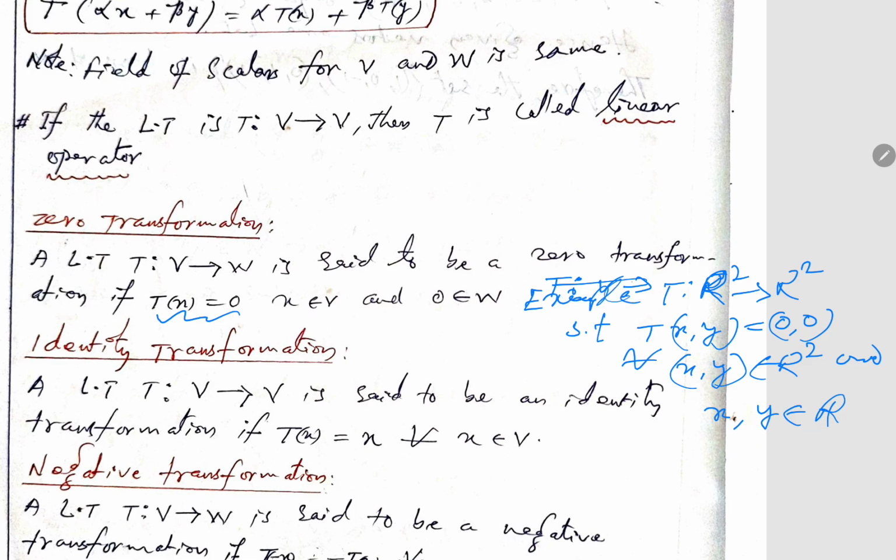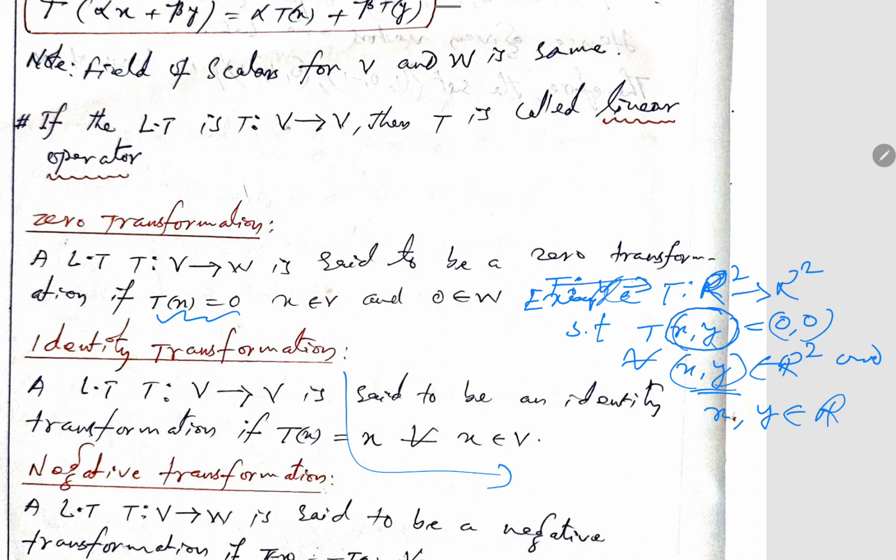Whatever vector you take from R2, you get a zero vector, no? You take any vector (x, y) from R2, you get the zero vector (0, 0).